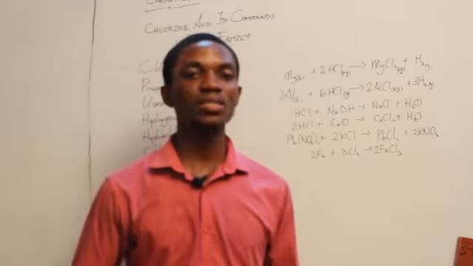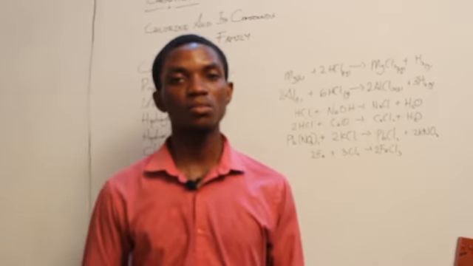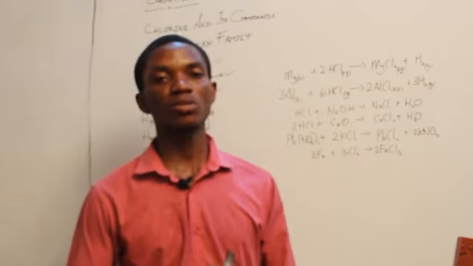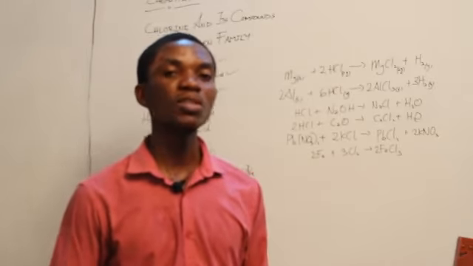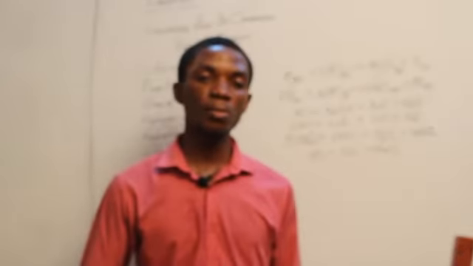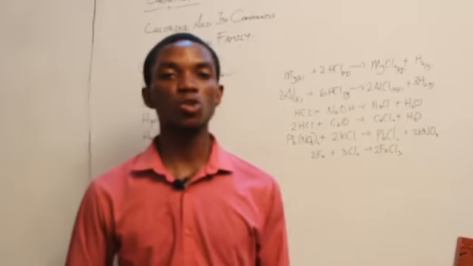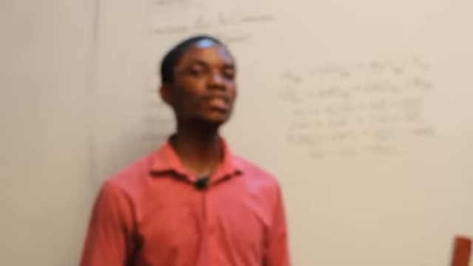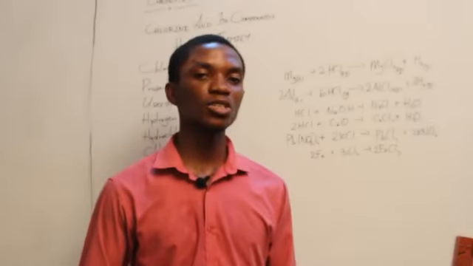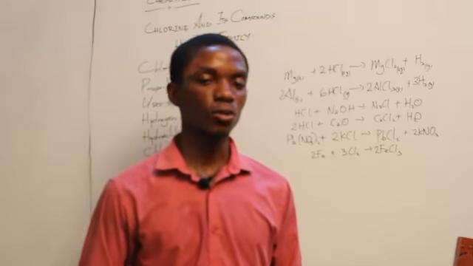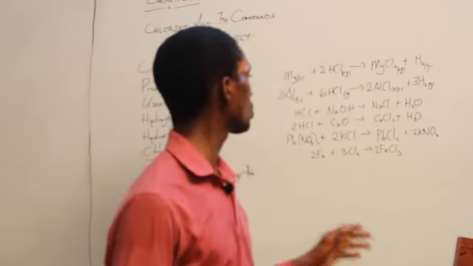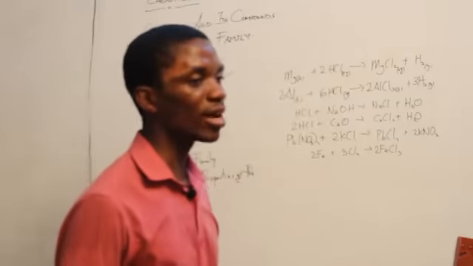So when you react a particular chloride, maybe iron chloride, with H2SO4, it will form iron(II) tetraoxosulfate(VI) and hydrogen chloride gas. So that is how the reactions of chlorides generally work.